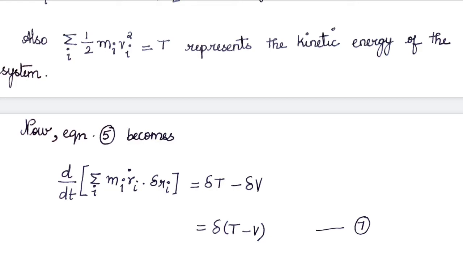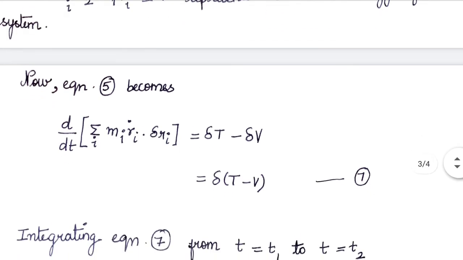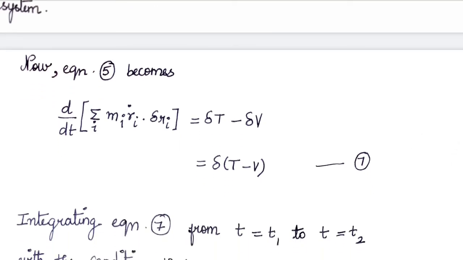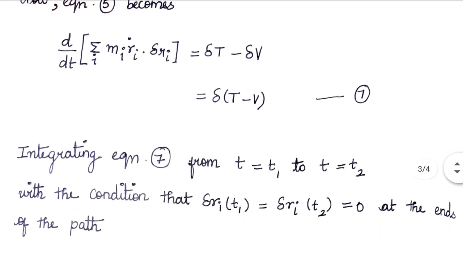The minus δT on the left-hand side is taken to the right-hand side, so it becomes δT minus δV. Taking this δ outside, we get T minus V. We know T minus V is the Lagrangian function.